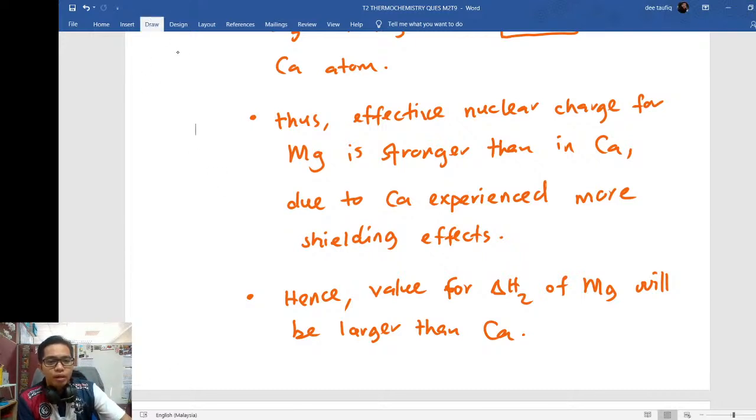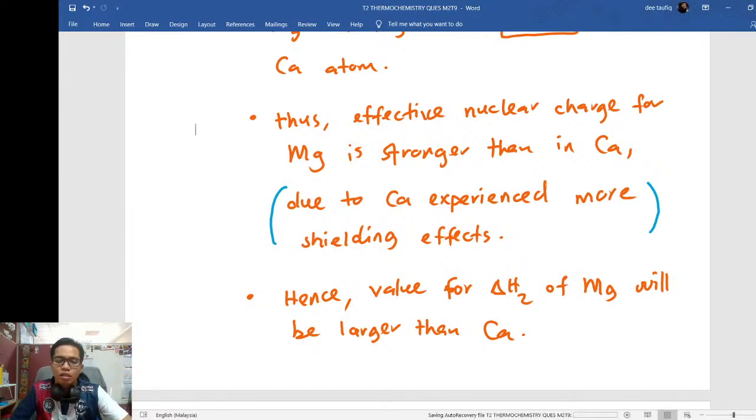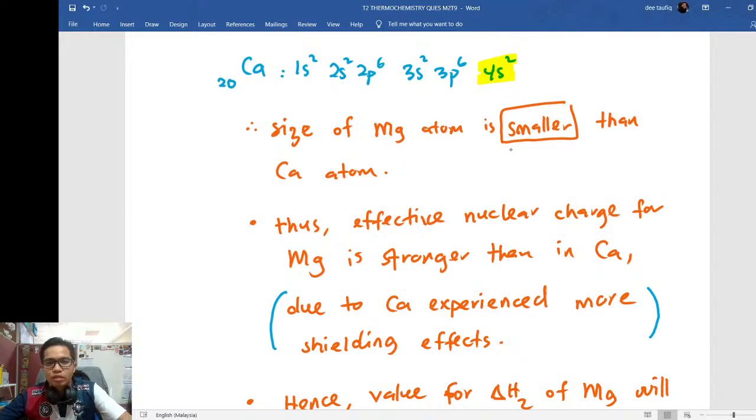By right, this sentence is not needed because this is for semester 1. So it should be enough: you say the size of magnesium is smaller. This is a must, the size comparison. And then just add a little why, when the size is small, what happens. So the effective nuclear charge for magnesium is stronger.